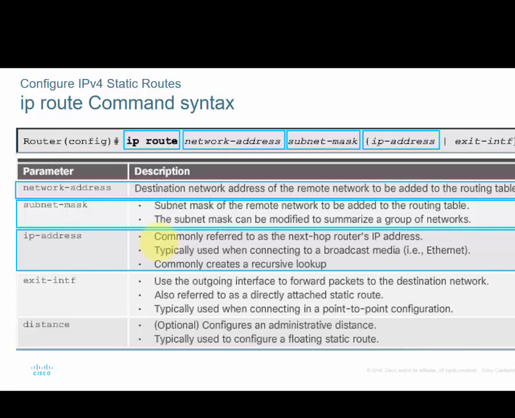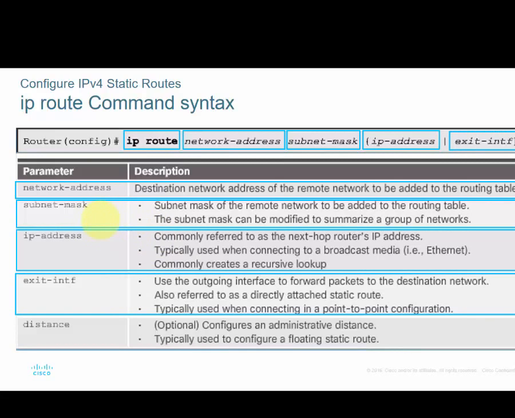And then we have the third parameter. One or both of the following parameters must also be applied. That's the IP address of the connecting router to use to forward the packet to the remote destination network. This is commonly referred to as the next hop. And then we have the outgoing interface to use to forward the packet to the next hop.